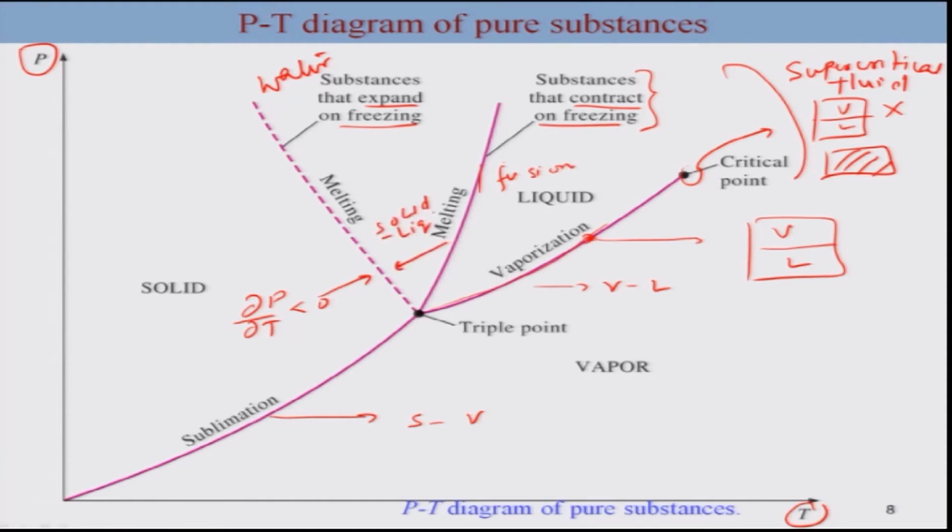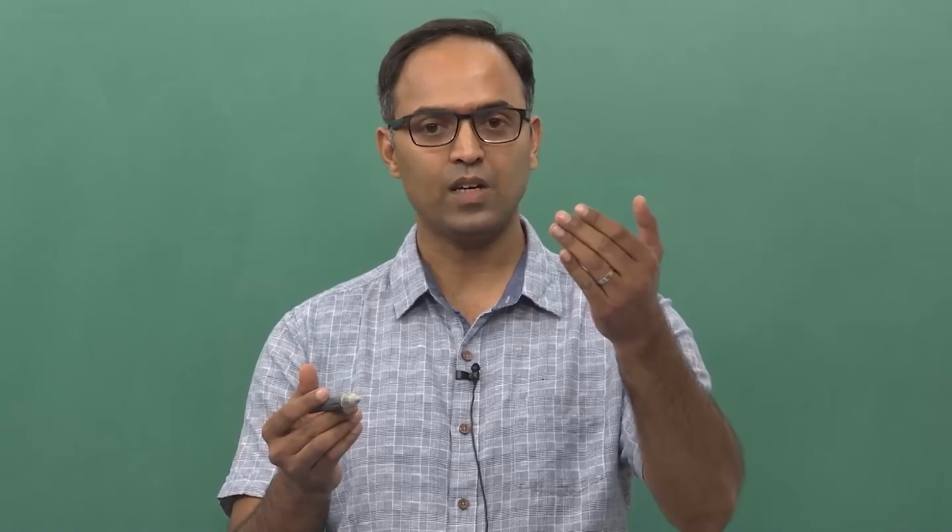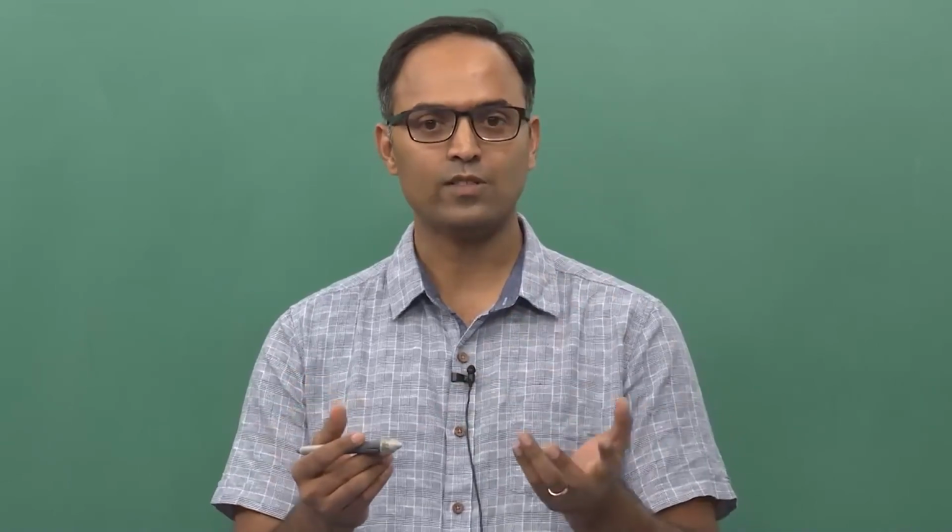Now, you can see how these two different cases, the substance which expands on freezing and the substance which contracts on freezing, behave differently. For example, you can start with a solid phase, and then change the pressure keeping the temperature constant.